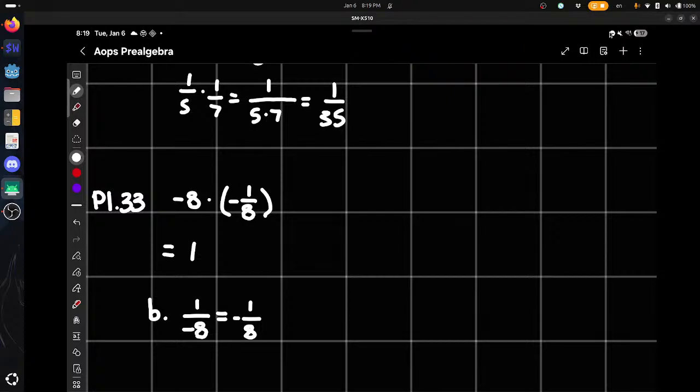Using part A. Yeah. Is that what they're asking for? Using part A, explain why the reciprocal of negation 8 is the negation of 1 over 8.